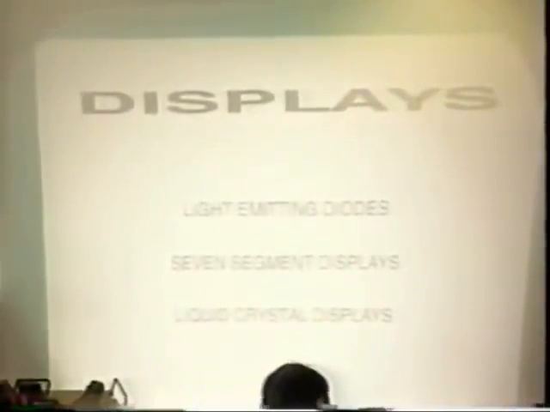So the first thing I'll look at, and we're going to do these quickly because we don't want to take too long, are some displays. Let's look at a display. The easiest thing you can do is control an LED. Now this funny little symbol is an LED. An LED is a little diode, and when current goes through it, it emits light.